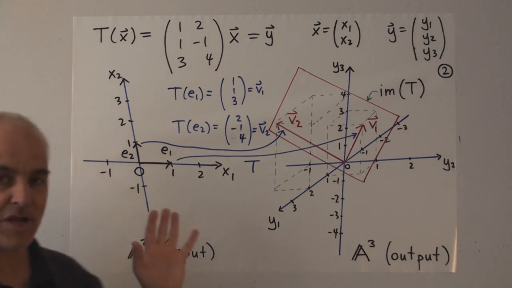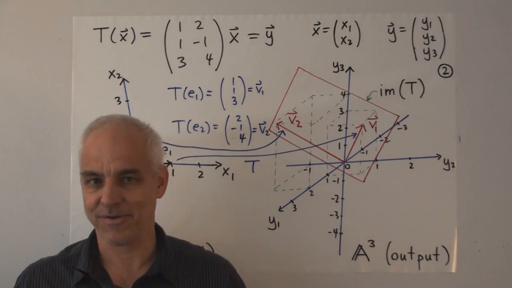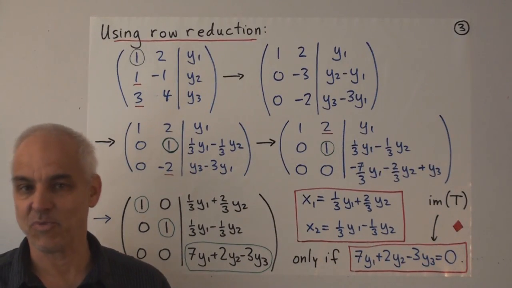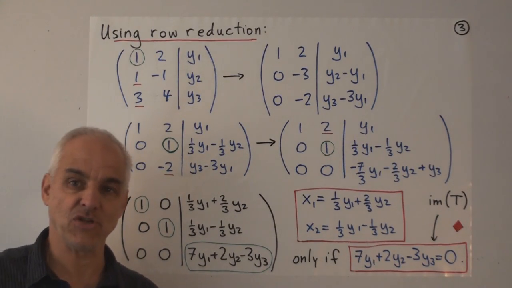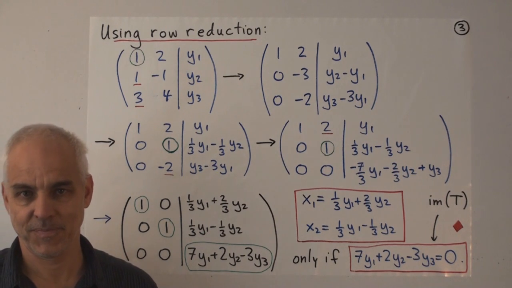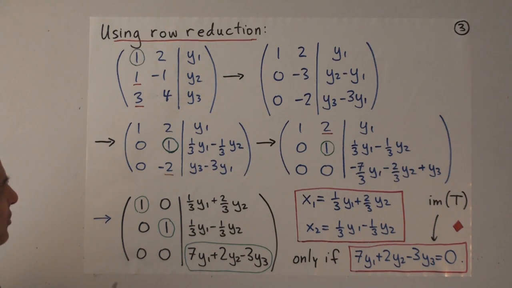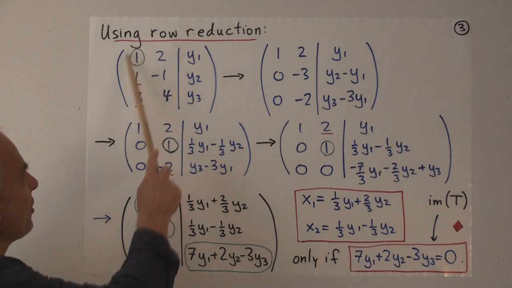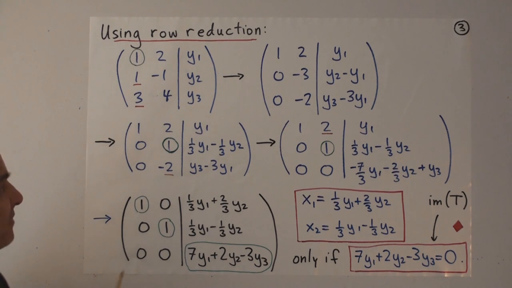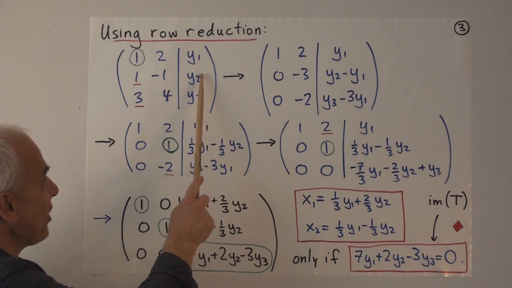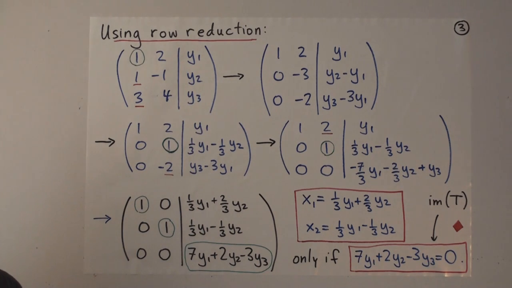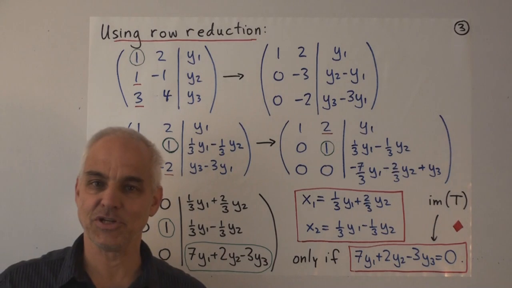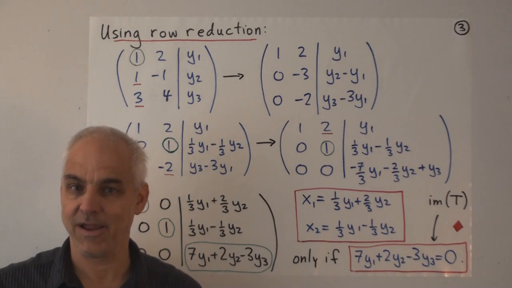Now let's analyze the situation using row reduction. Let's think of this problem as simply a linear change of coordinates that we want to invert. So the augmented matrix for it would be our coordinate matrix on the left and our right-hand side y1, y2, and y3. So let's perform row reduction on this to see what solutions we get for x1 and x2.